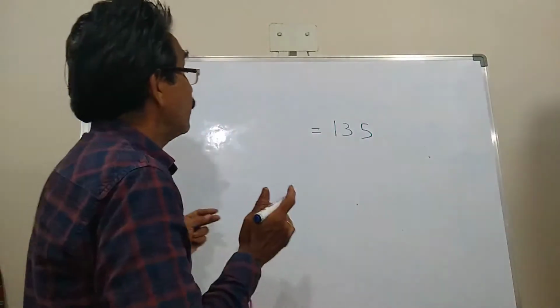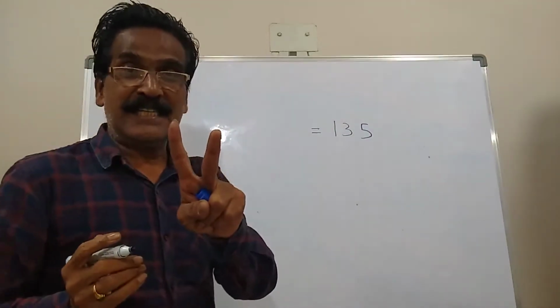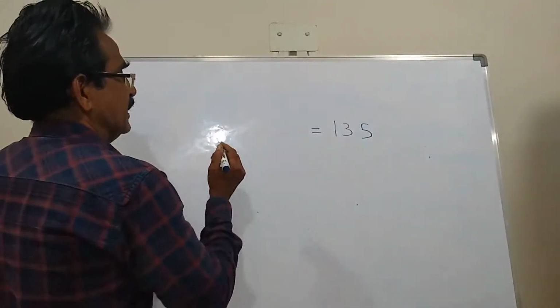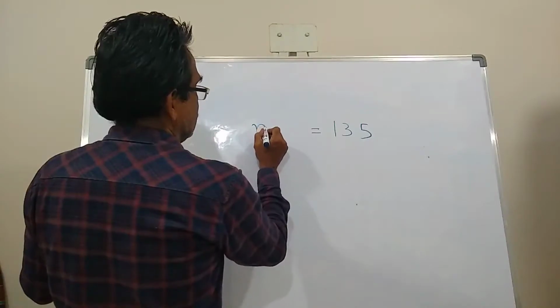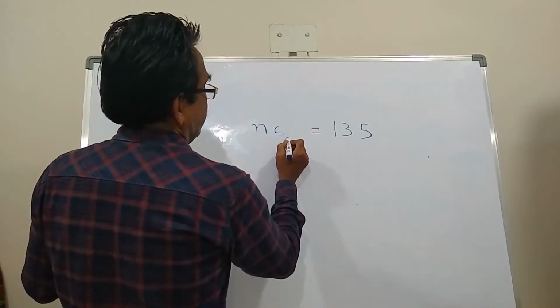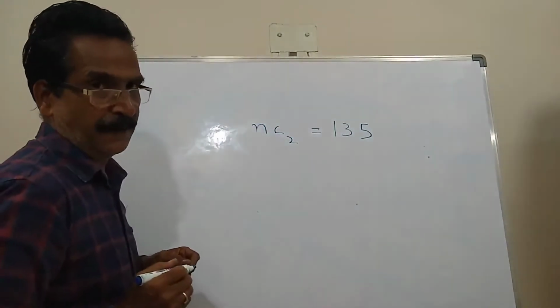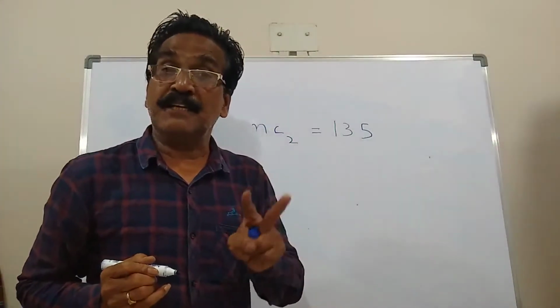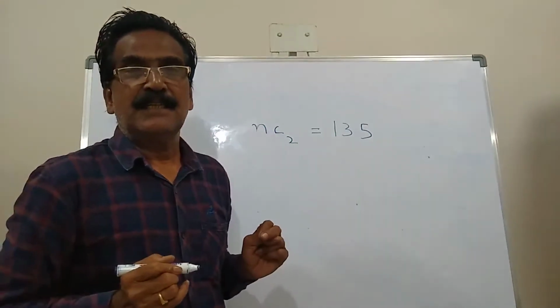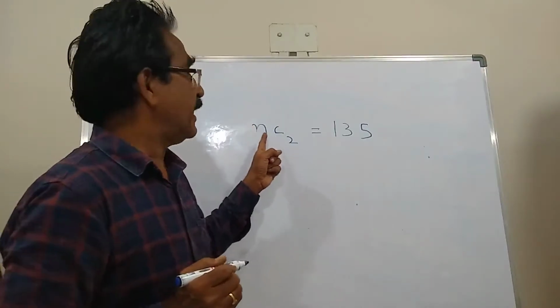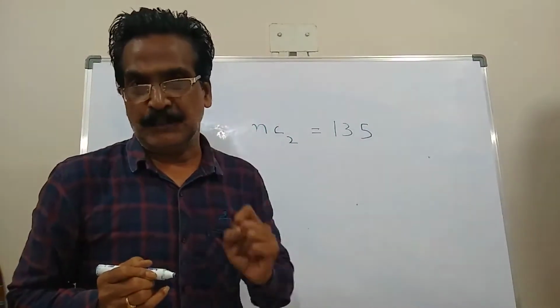So we have to select 2 players from n players. That is nC2. So total number of matches comes to nC2.